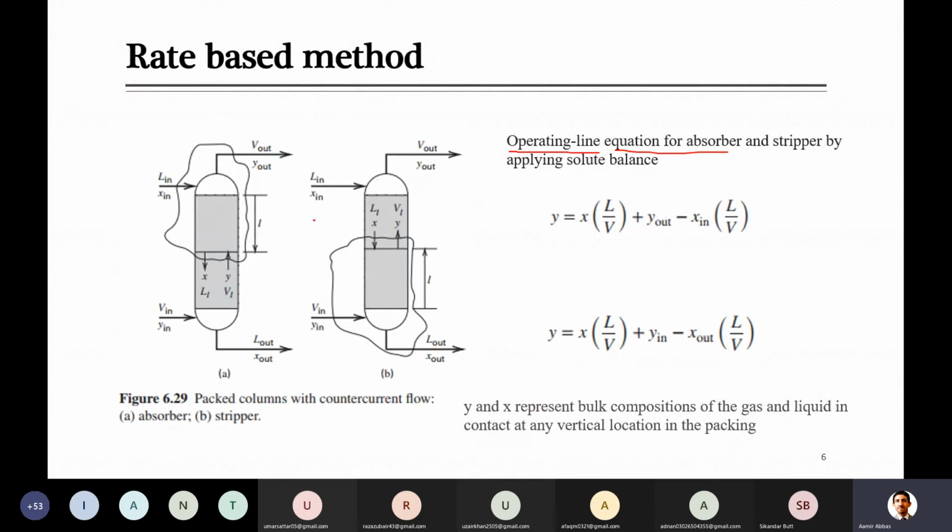Although the diagram looks quite similar in terms of numbers or notations, this first one is the absorber, in which we are considering some top portion of length L. And in the case of the stripper, the gas or stripping media enters from the top, while here the absorbing media, which is the liquid, enters from the top.